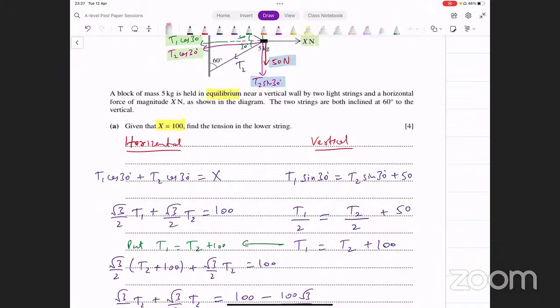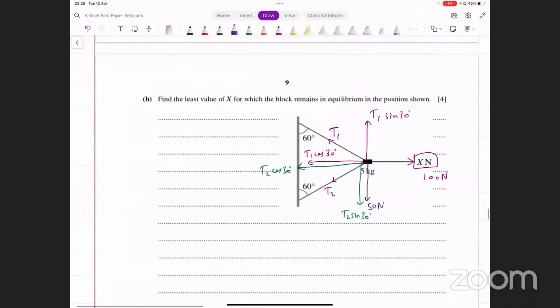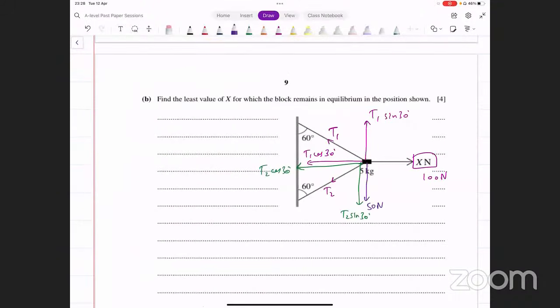Okay, let me just copy that because that's still going to be the same. I'll just write that here again. Horizontally you still get the same: T1 cos 30 plus T2 cos 30 equals x. Horizontally the same components are formed in the same way.